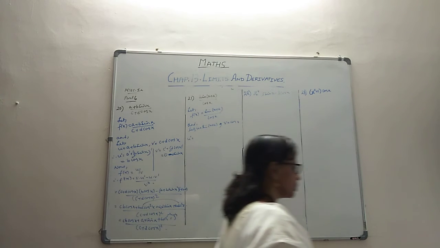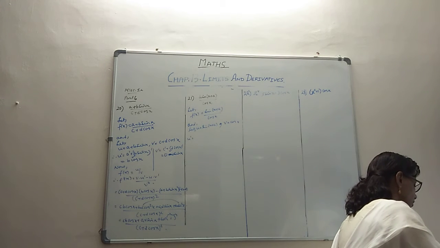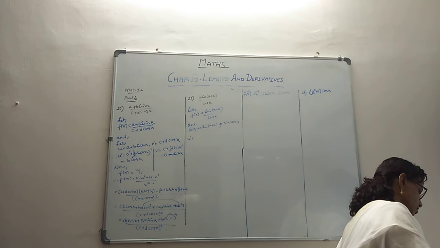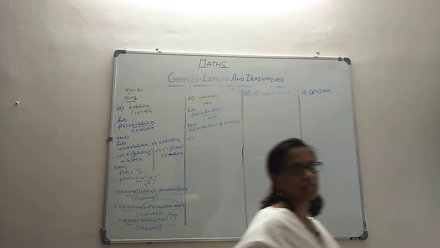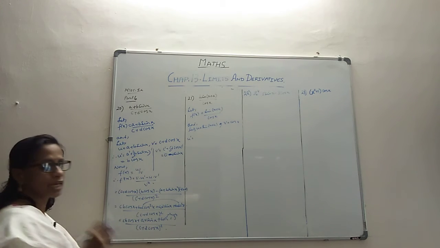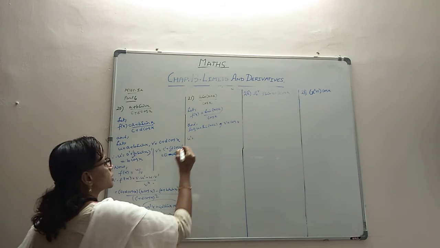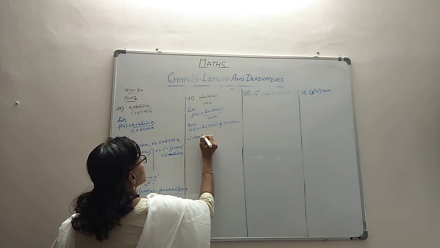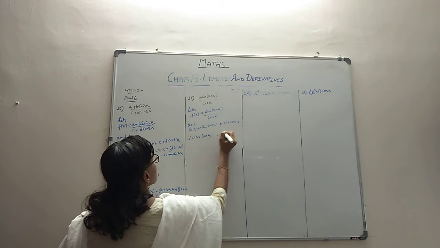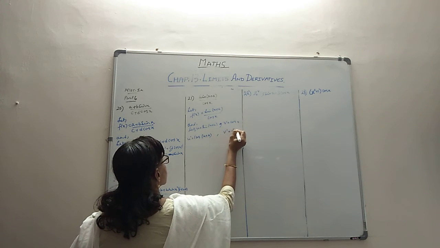I don't know which problem number it is, we'll have to search, but it has been done. Yeah, it is problem number 14 where we have done sin x plus a. So with the help of that we can write directly that this function's derivative is cos x plus a. Also v dash, the derivative of cos, is minus sin.